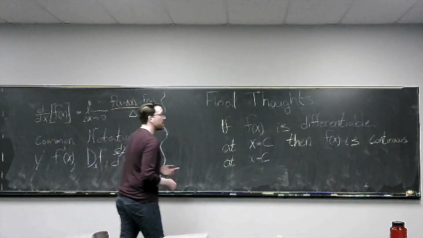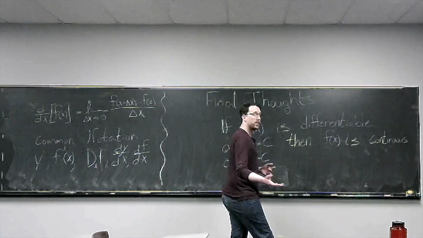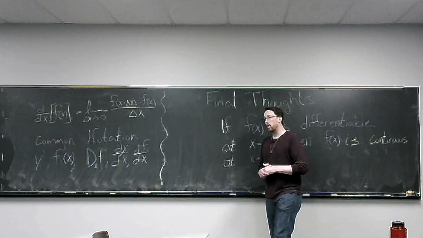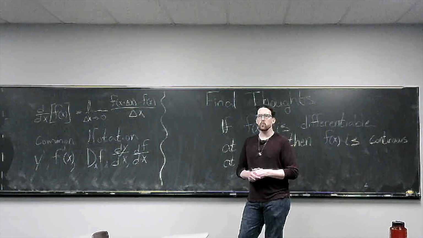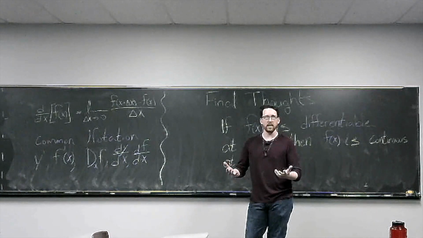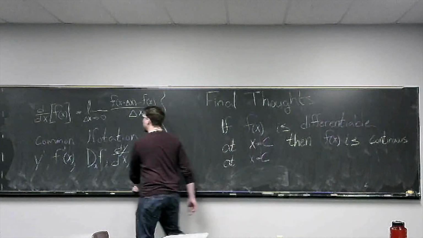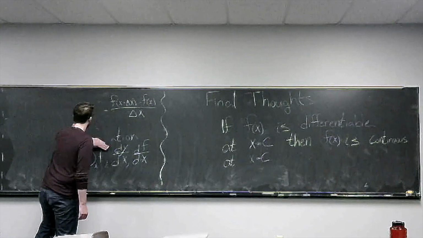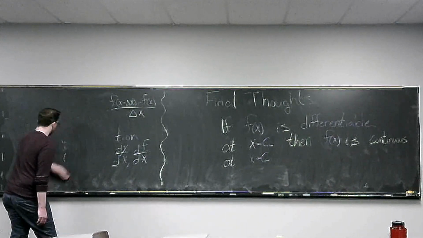And just to see that, there are a couple examples in the notes that I encourage you to look over. They show a few spots that are really common examples of where a function fails to be differentiable. One common example, I'll just draw on the board here, would be cusps.